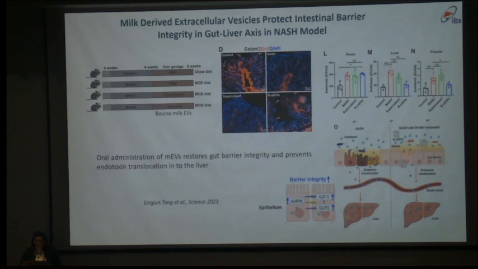Not only did the tight junction expression increase, but the endotoxin levels also decreased in feces, liver, and plasma. They found in the mechanism that AMPK, IGF, and GLP-1 were involved, and the milk exosomes increased the barrier integrity. So oral administration of milk EVs restores the gut barrier integrity and prevents endotoxin translocation into the liver.